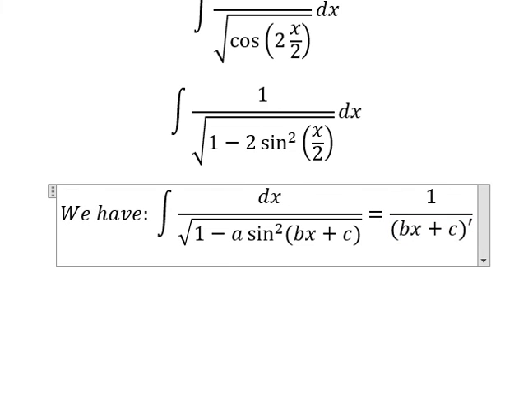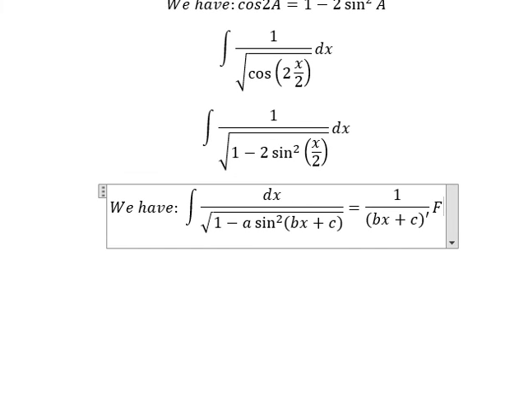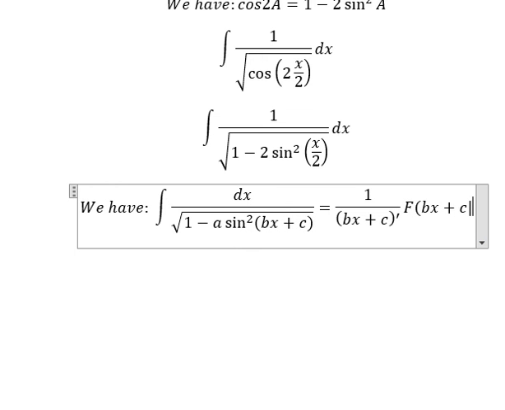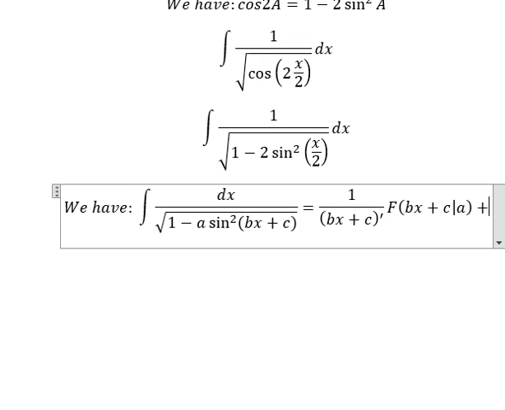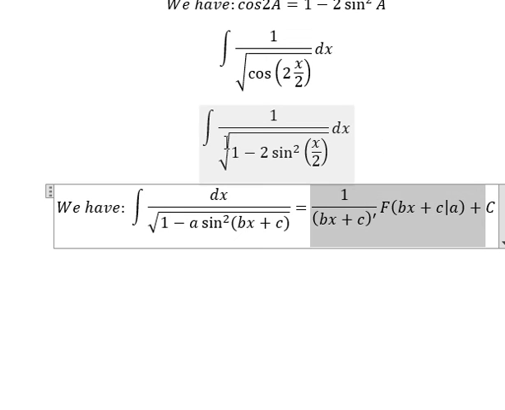So later that we have the elliptic integral of the first kind. So we have F in here and we have bs plus c. I will put in here. And then the coefficient, that's about I will put in here. And then we put about c. Now we can apply this formula for this one.